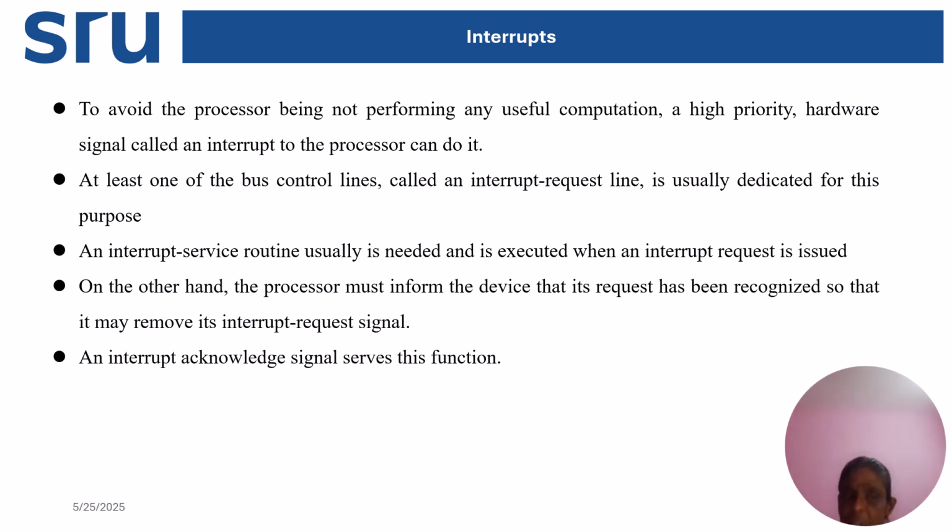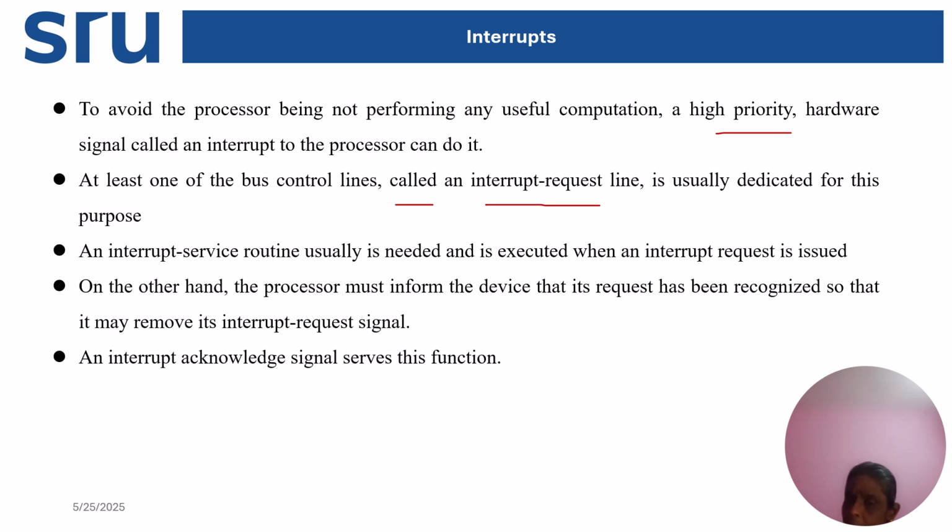That means if the processor is idle, then there is a high priority hardware signal called an interrupt. In the previous slide we saw that an interrupt signal is sent by the IO device to the processor, saying that it needs service from the processor. At least one of the bus control lines, called the interrupt request line, is usually dedicated for this purpose.